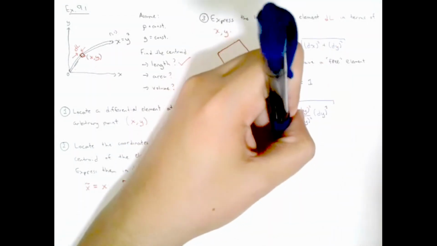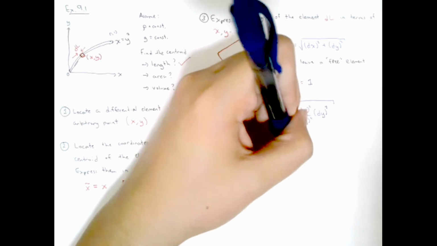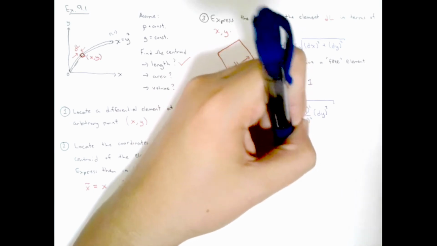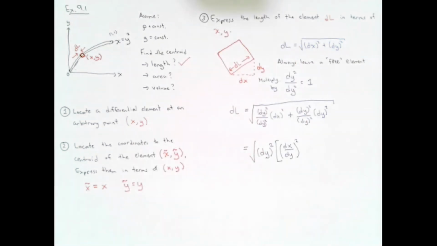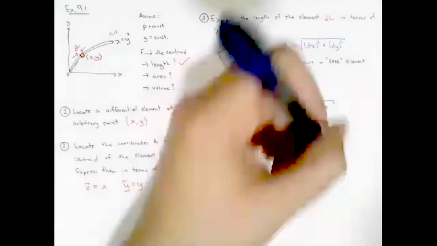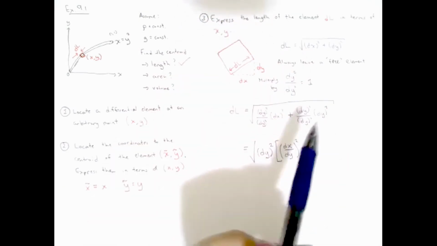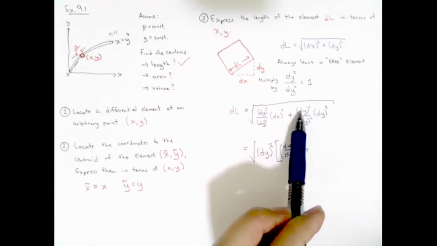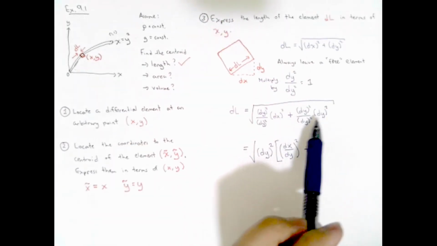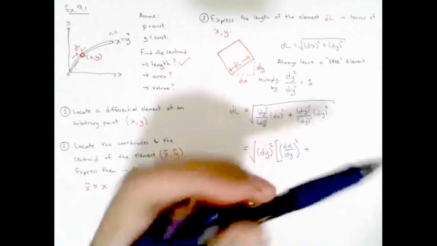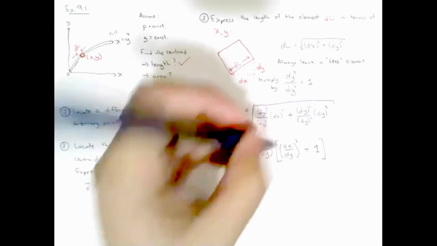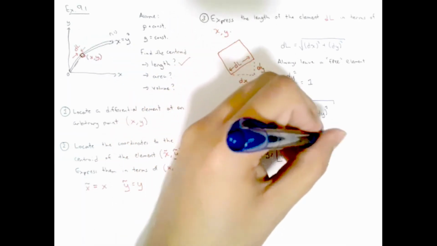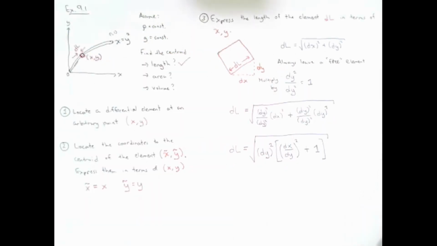So I'm left with dx squared over dy squared. Because both of them are squared, I can just write it down as dx over dy, squared. This is the same thing. Plus, I'm factoring out dy squared here, and I'm left with dy squared over dy squared. And we know that that's just equal to 1. And will you look at that?